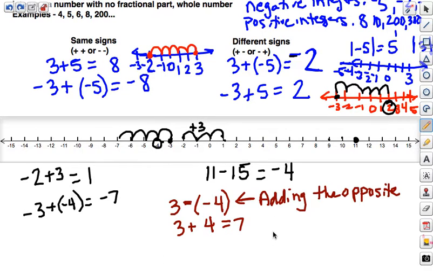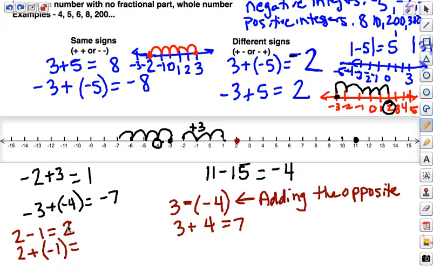Okay, so let's see if that holds true if I just do a regular subtraction problem. So let's say we have 2 minus 1. Okay, so we know that that equals 1. But let's apply our adding the opposite concept to see if it works with this same problem. So I'm going to add, and then the opposite of 1 is negative 1. So we're at 2, and we're adding a negative 1. I actually put 2 there if you were paying attention.